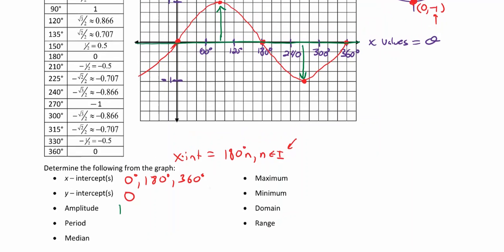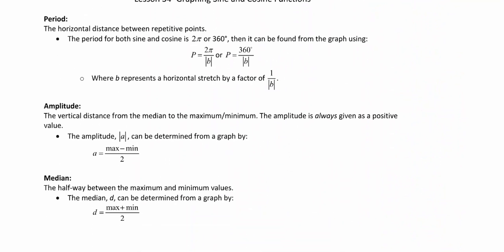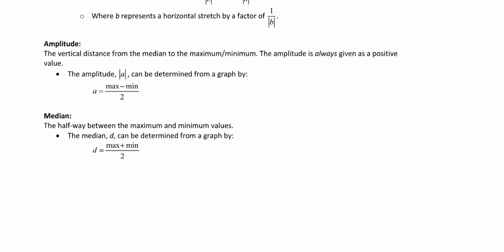Now, one thing I just want you to notice is that up here we had a formula for amplitude, didn't we? We had A equals max minus min divided by 2. Well, does that make sense? If I drew out this thing, and we went up here and then went down there again, our max would be at the point 1, if I'm just thinking about my y values.